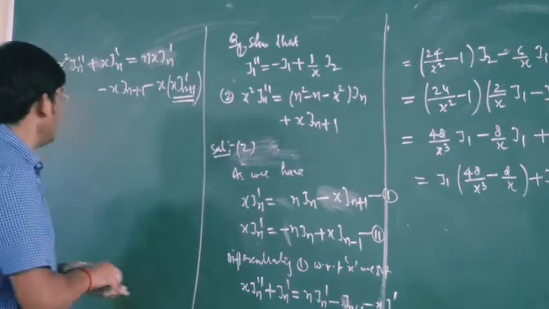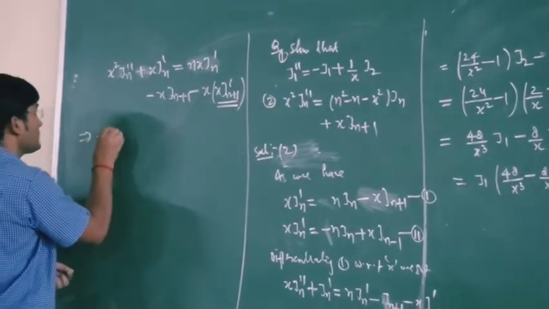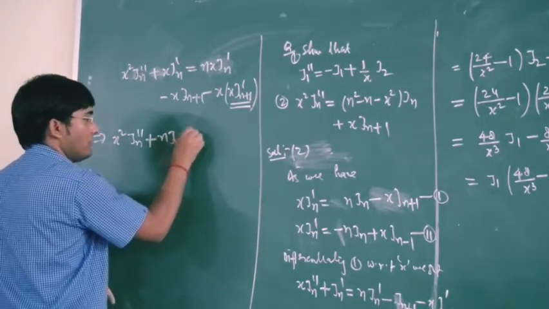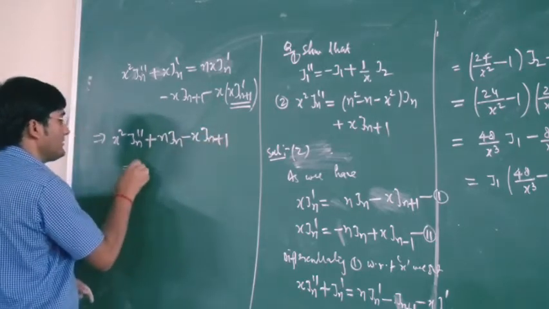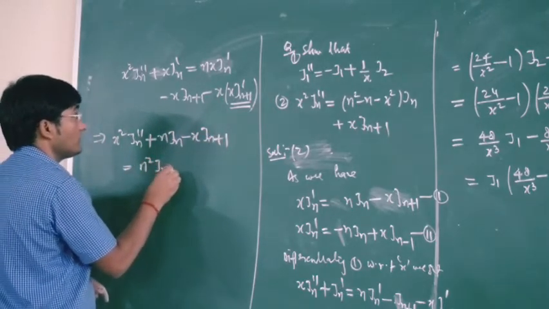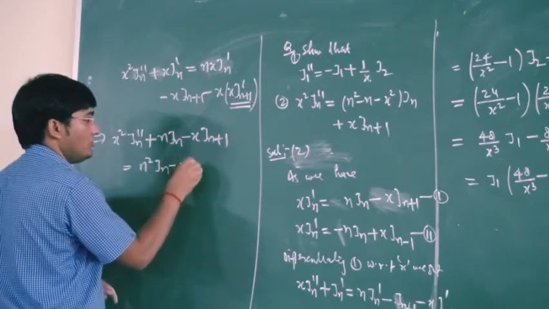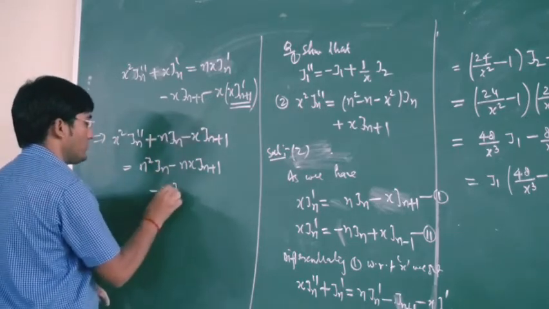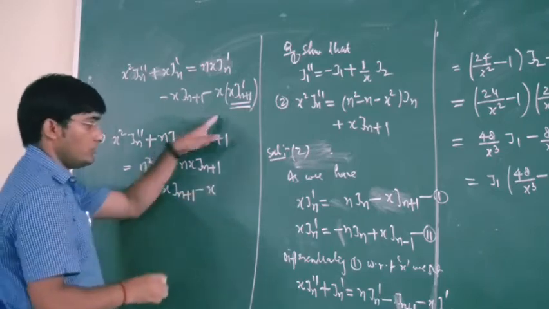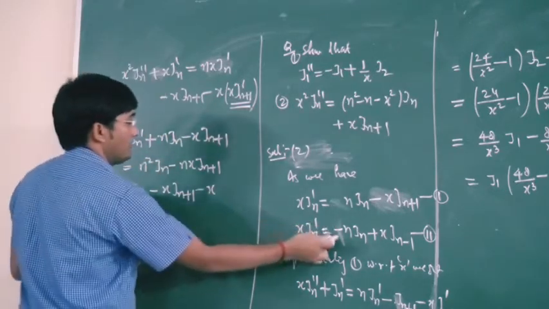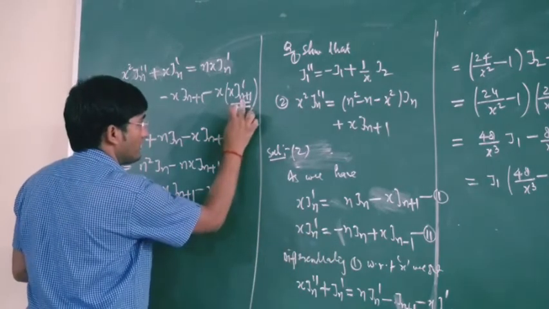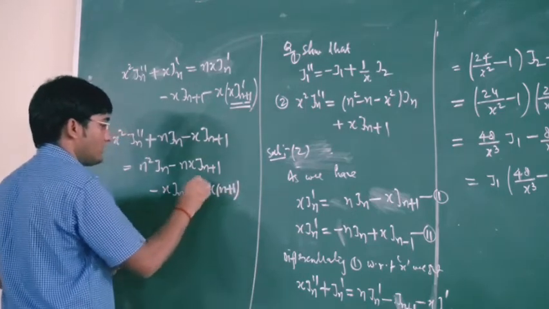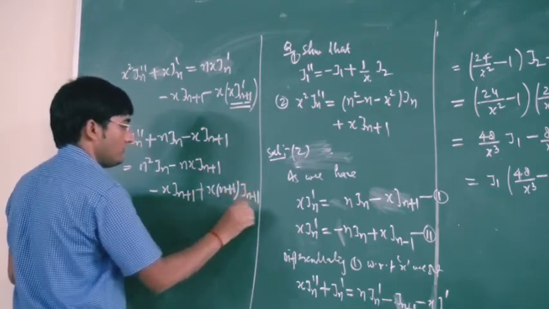And for x Jn dash let us apply equation number 1. So this is equal to x square Jn double dash. Now if you apply this equation number 1, then we will have n Jn minus x Jn plus 1. Again in the right hand side we will have n square into Jn, then minus n x into Jn plus 1, then minus x into Jn plus 1, then minus n into, now we have to replace our n by n plus 1, so this minus will be plus, into Jn plus 1.